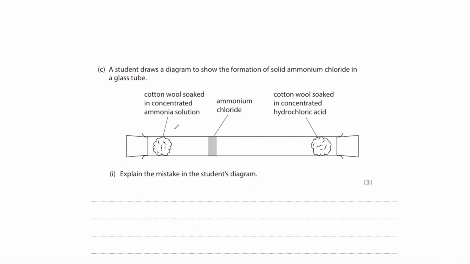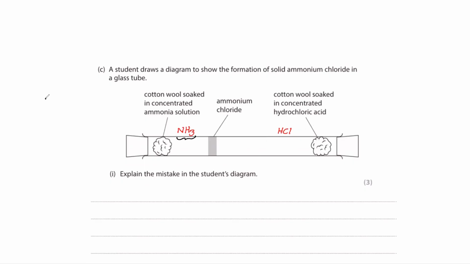Ammonia solution means when it evaporates, it will produce ammonia gaseous molecules. And here, concentrated hydrochloric acid gives you HCl gaseous molecules.